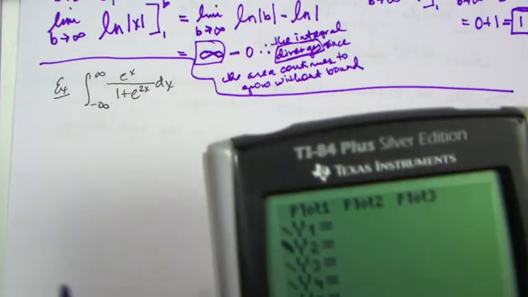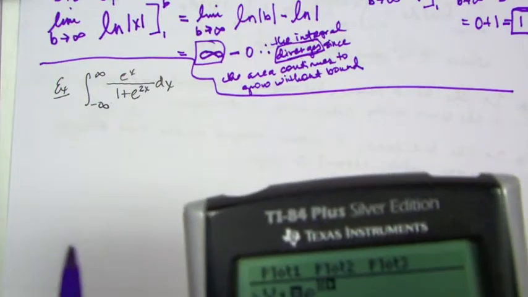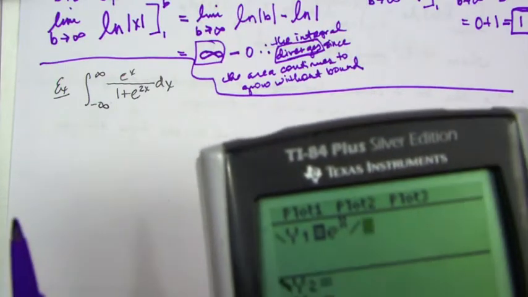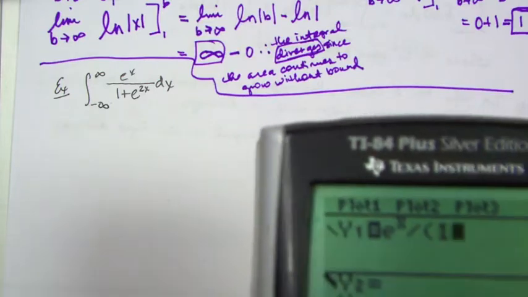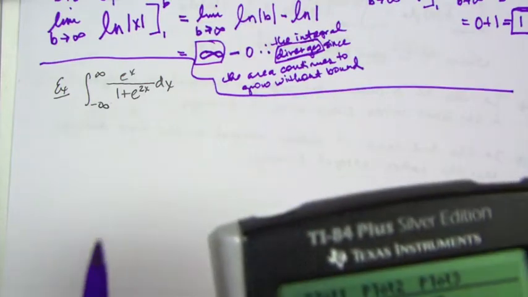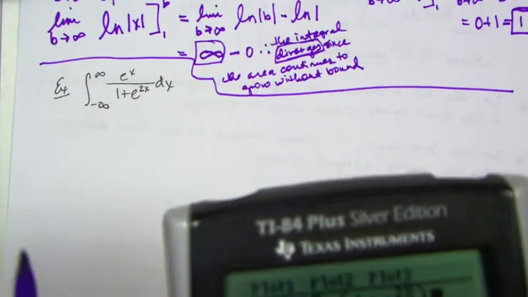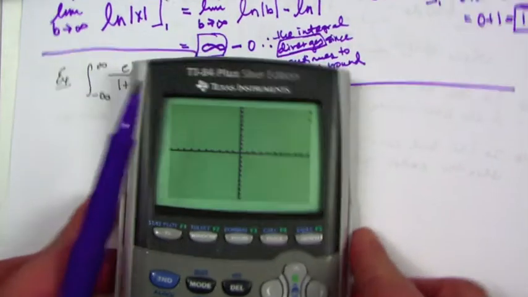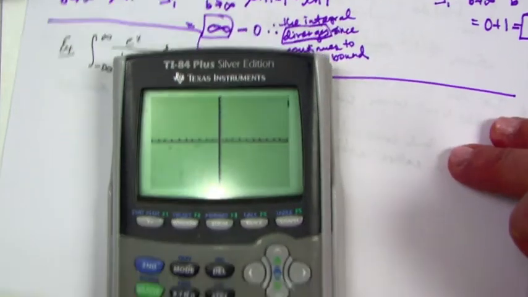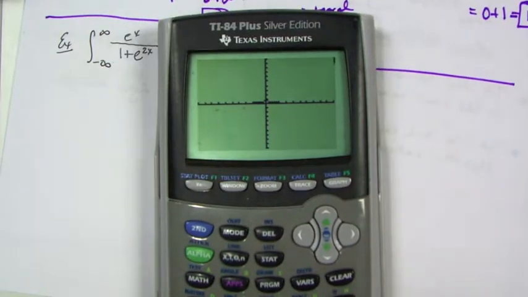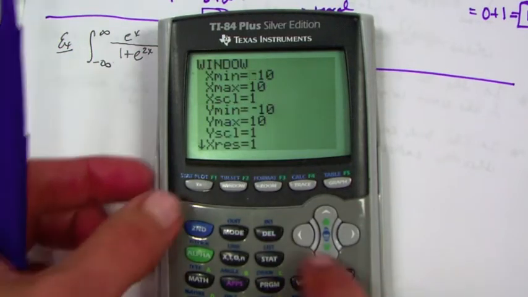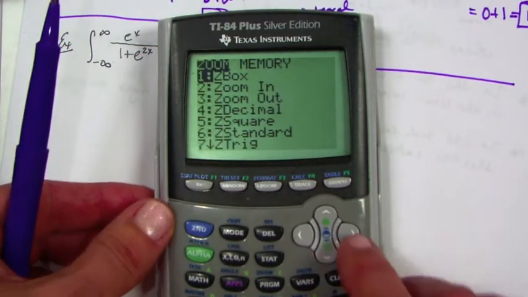So I have e to the x divided by 1 plus e to the 2x. Oh, wow.